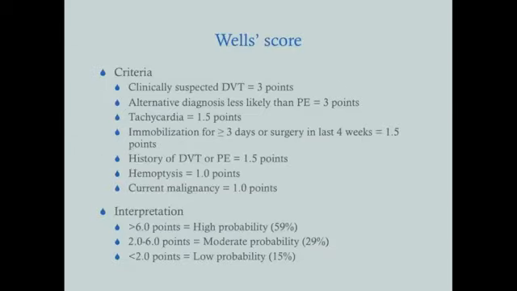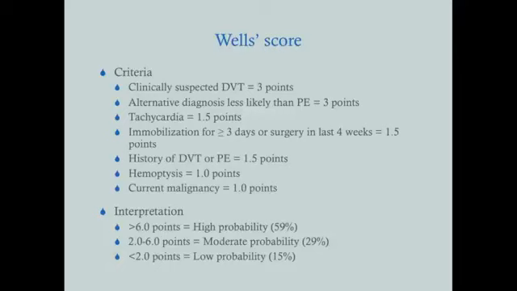So this is the Wells score that we use for assessing risk. Clinically suspected DVT would get 3 points. That's pretty easy right there. If you have a swollen calf or a positive Homan sign, that would get you 3 points. Alternative diagnosis less likely than PE is 3 points. Tachycardia, heart rate over 100, is 1.5 points.